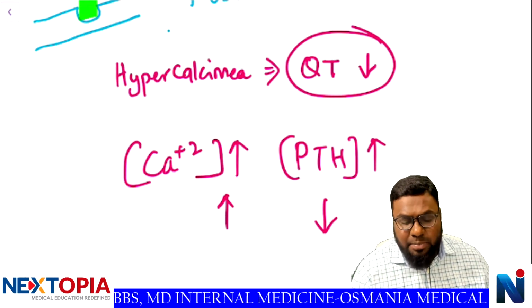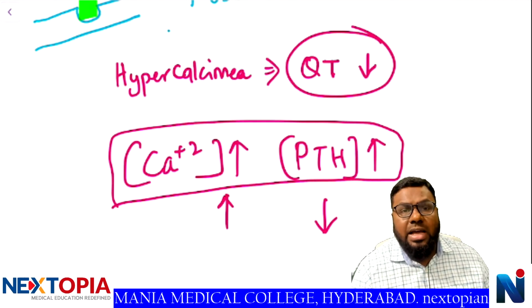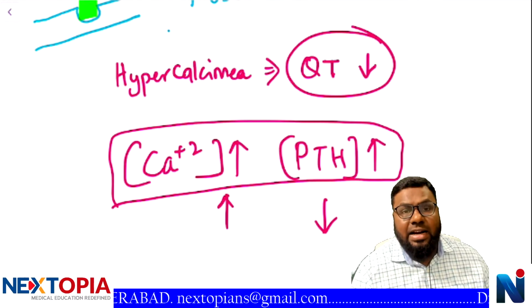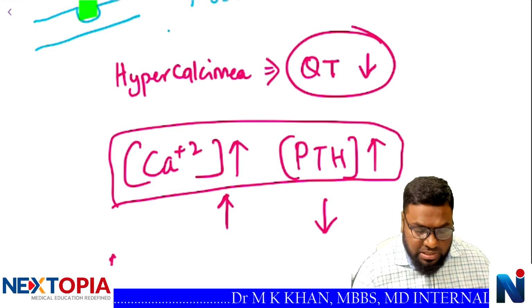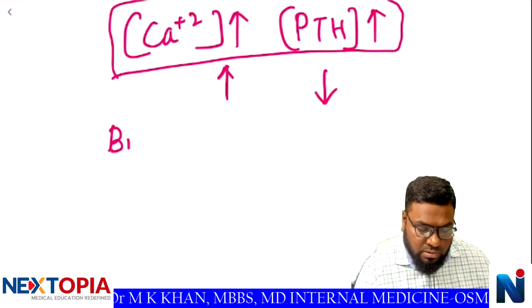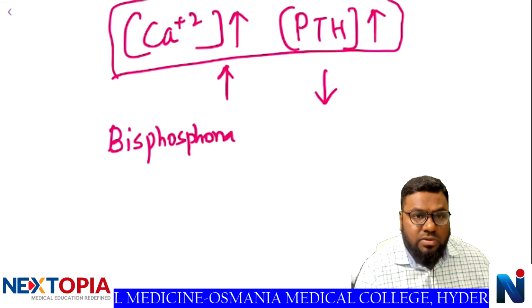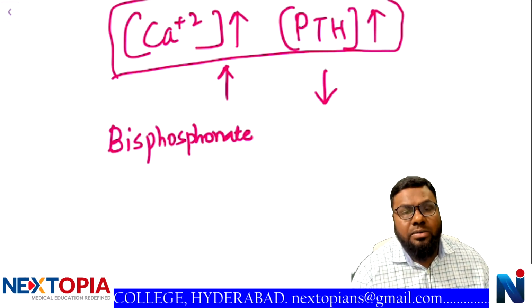Say suppose primary hyperparathyroidism, the most common cause is parathyroid adenoma and it has to be removed. If the patient has severe dehydration, fluid replacement should be given. The patient can be given a drug called bisphosphonate, and they are highly effective in controlling this.